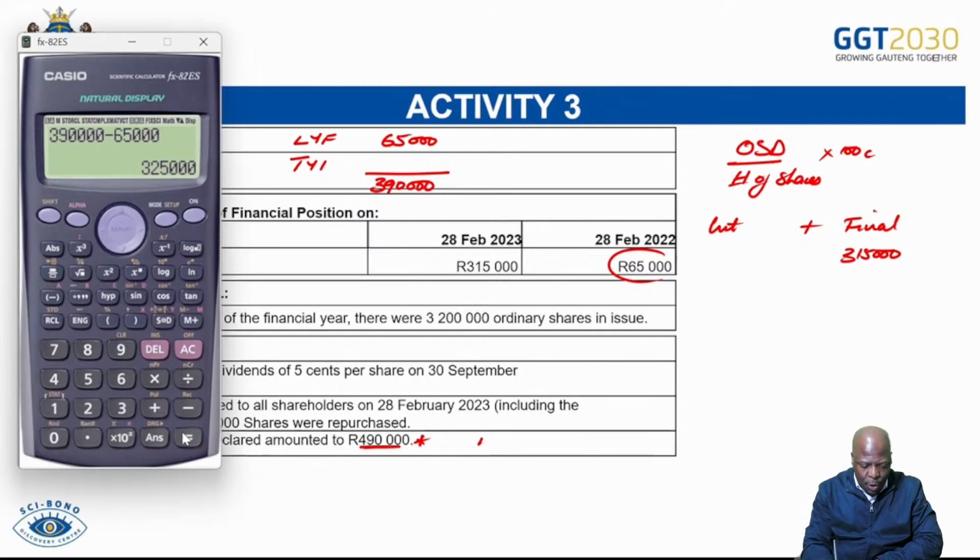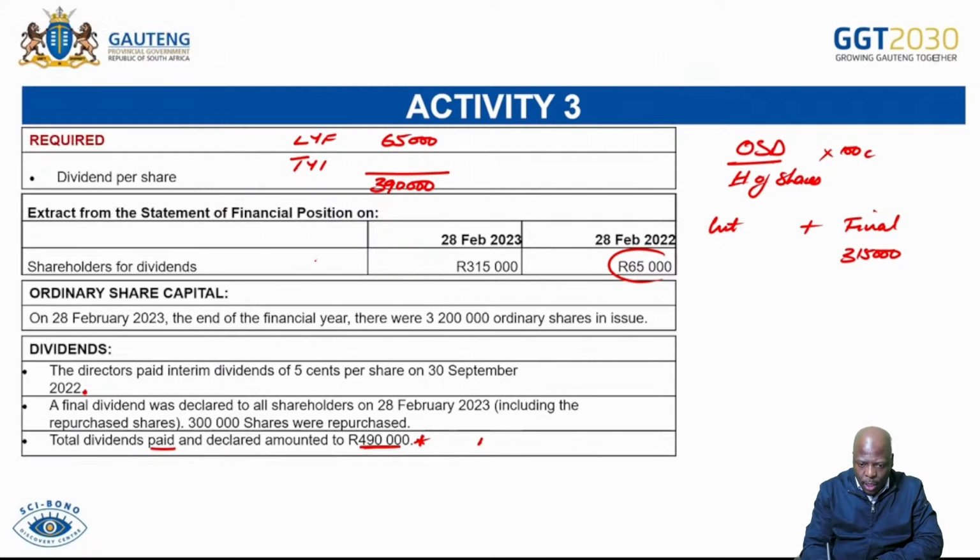That will give you 325,000. That is this year's interim, 325.